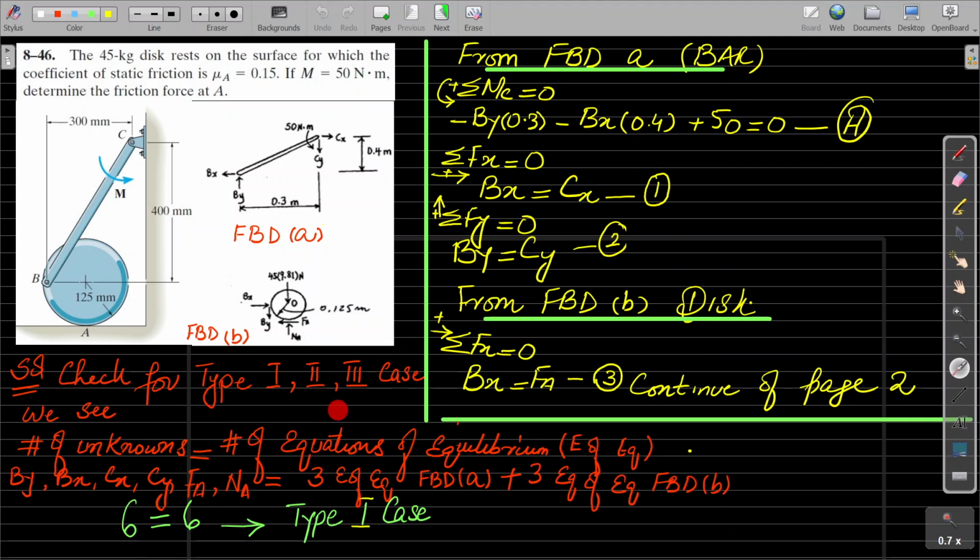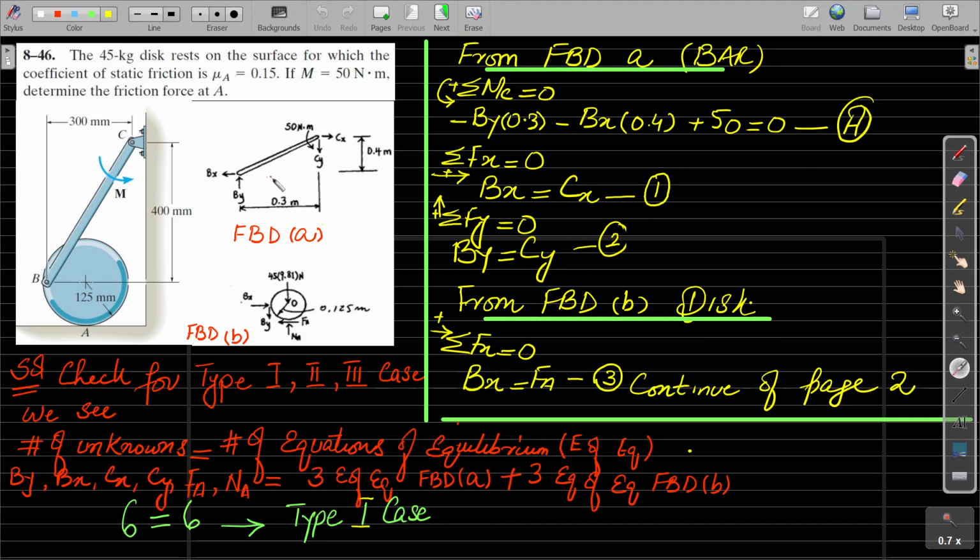Now we check for type 1, type 2 and type 3 problems. In a type 1 problem, the number of unknowns equals the number of equations of equilibrium. The unknowns for the bar and pin are 1, 2, 3, 4, and for the disk we have one unknown Na and one unknown Fa, so the total number of unknowns is 6.